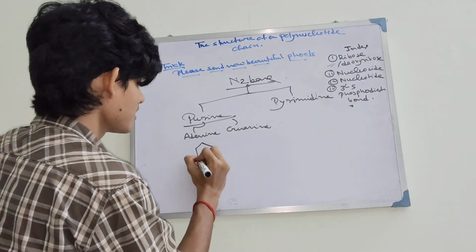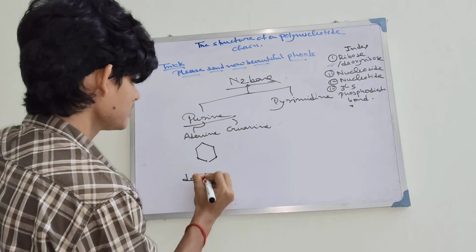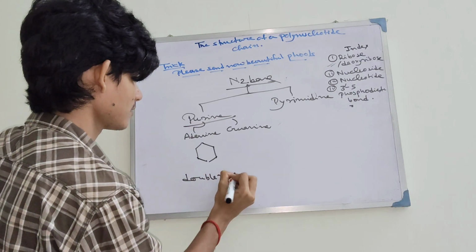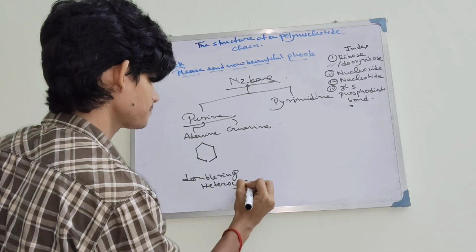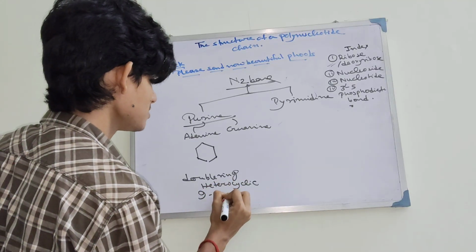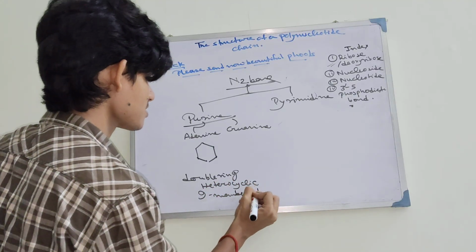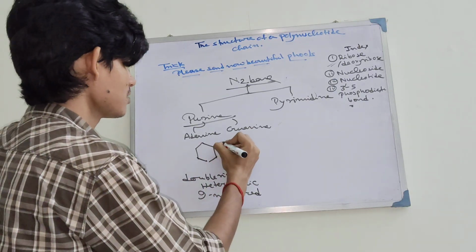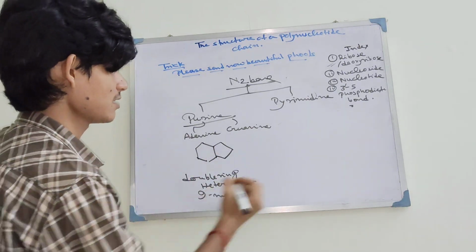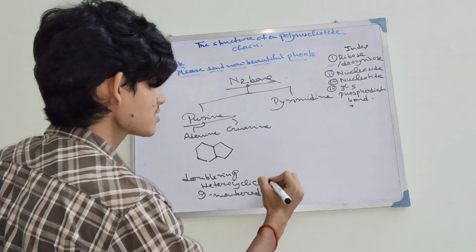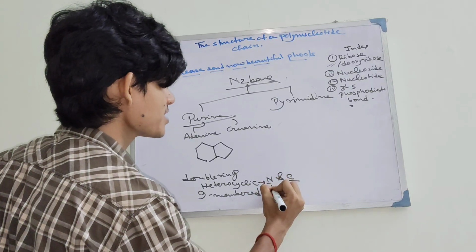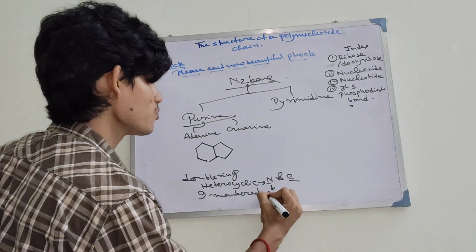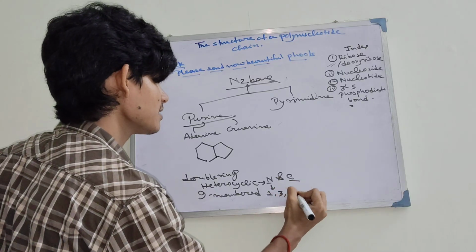It is a double ring, heterocyclic, 9-membered structure. Okay, so this is its structure. Why heterocyclic? Because nitrogen and carbon atoms are present. The nitrogen atom is present at positions 1, 3, 7 and 9.